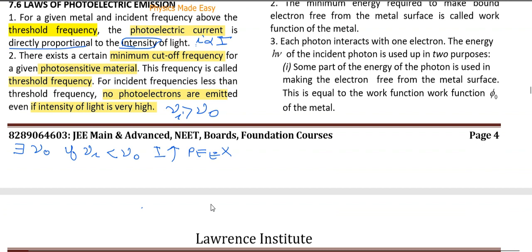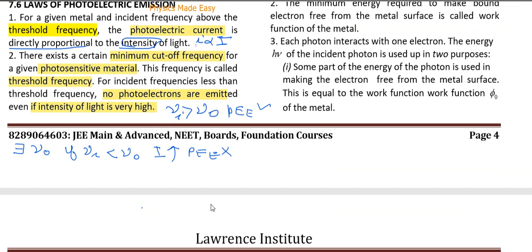Occurrence of the photoelectric effect is independent of the value of intensity, provided it is more than 0. The only condition for the photoelectric effect to take place is that the incident frequency should be greater than the threshold frequency.